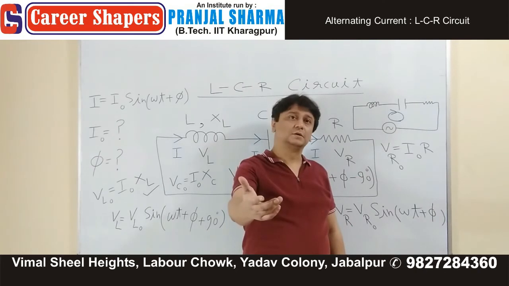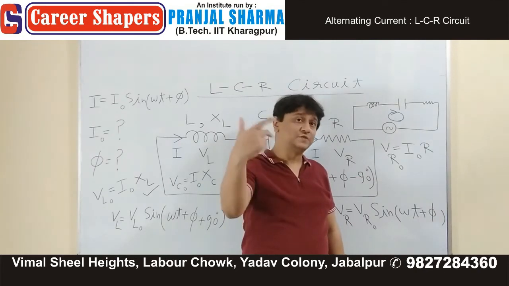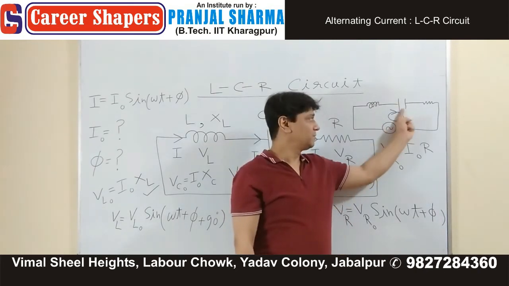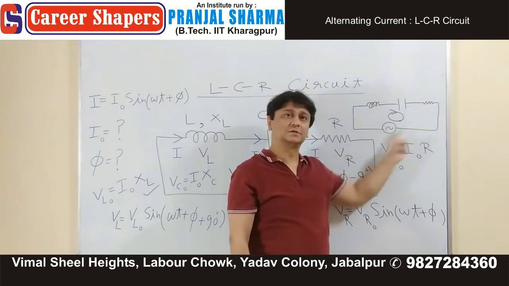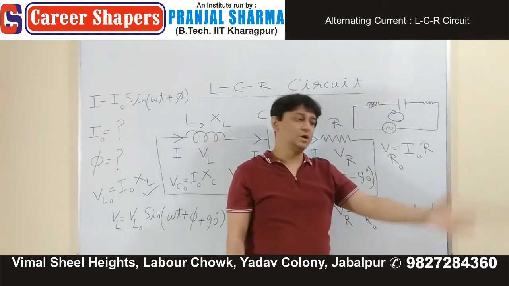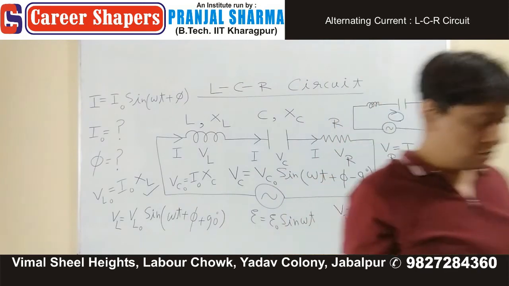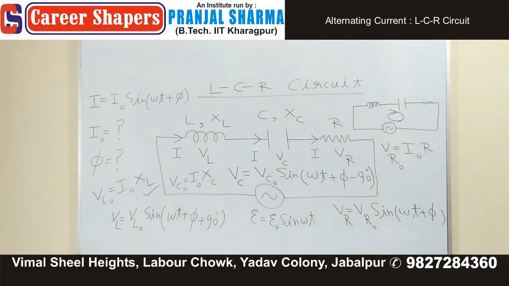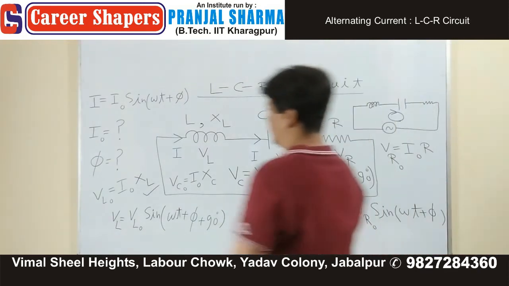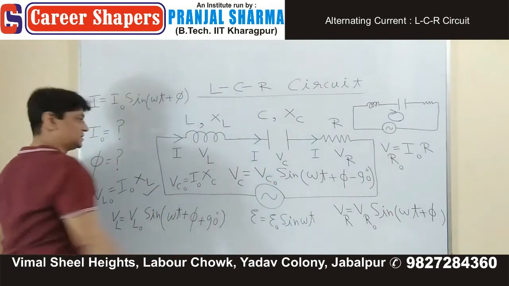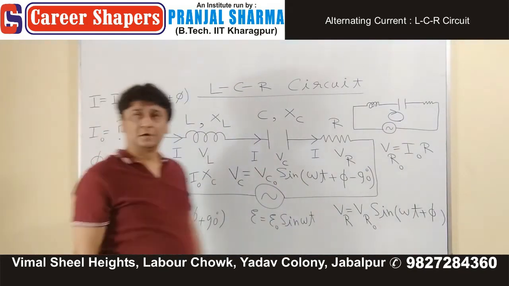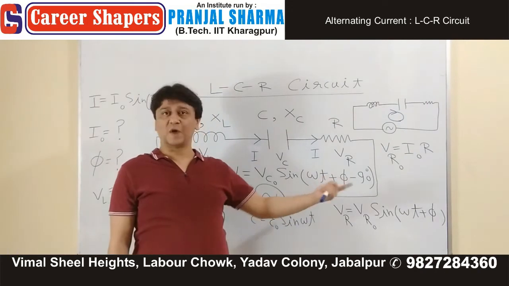What is Kirchhoff's second law? Sum of potential differences is what? Zero. So any type of circuit you have, DC, AC, or a mix of AC, DC, Kirchhoff's law is always valid.